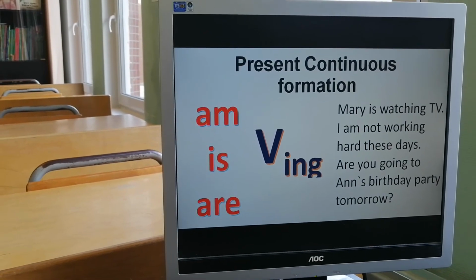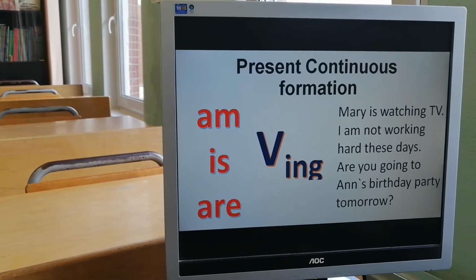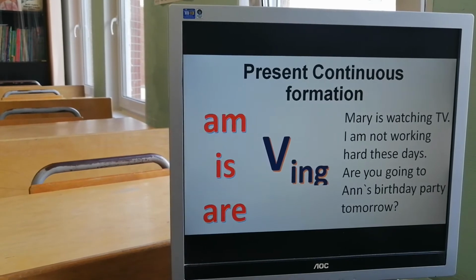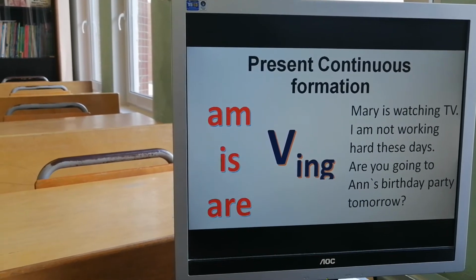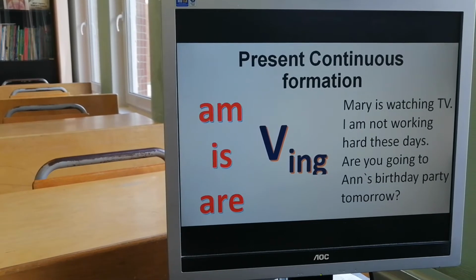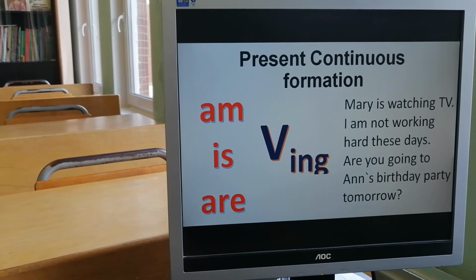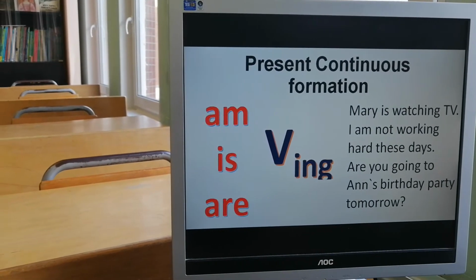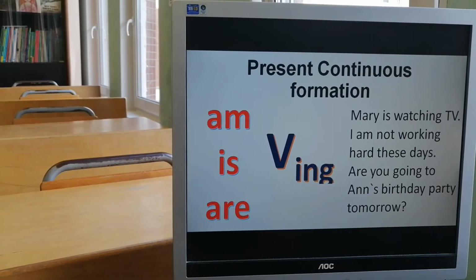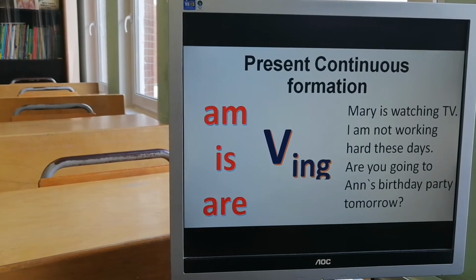And in a question, as usual, the auxiliary verb moves forward. Are you going to Anne's birthday party tomorrow? So, hopefully, everything concerning present continuous is clear now.